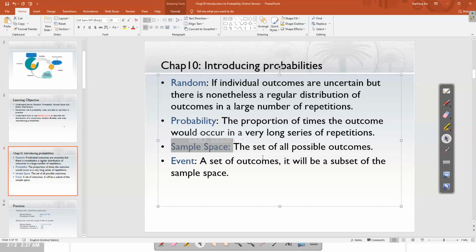For example, if you toss a coin, we know the coin has head and tail, right? Then what are all the possible outcomes after you toss it? You could get a head or a tail, right? So put them all together as a set. Head and tail is your sample space.